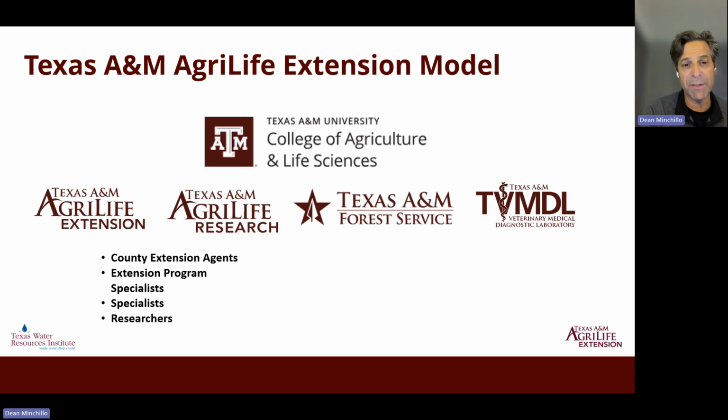And then under each of these are other offices or units, as they call them. So I'm with the Texas Water Resources Institute, which falls under both extension and research. So we have people on both ends of that program.